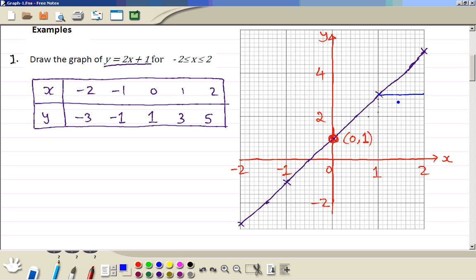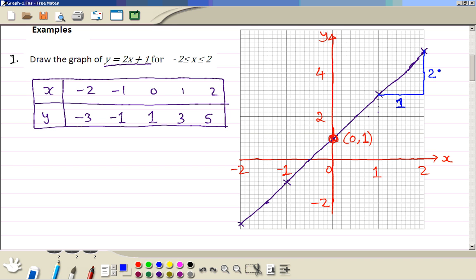From 1 to 2 is 1 unit horizontally, and going up, 3, 4, 5. So vertically we got 2 units, horizontally just 1 unit.